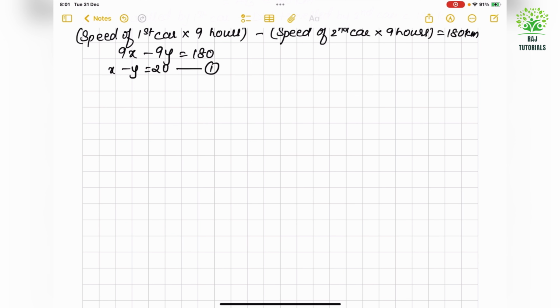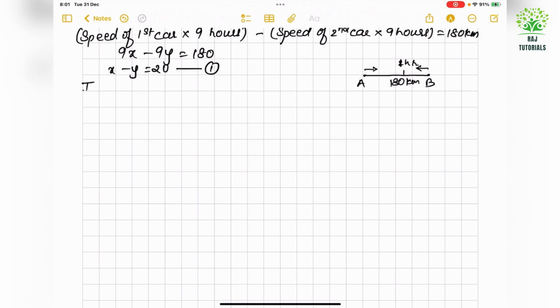Now, the second case is, suppose this is A point and this is B point, and this distance is 180 kilometer, and one car is starting from here, the second in the opposite direction. So they meet in 1 hour.